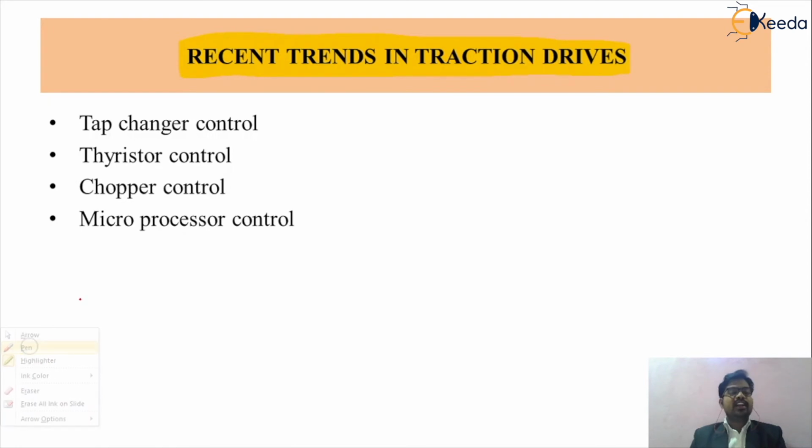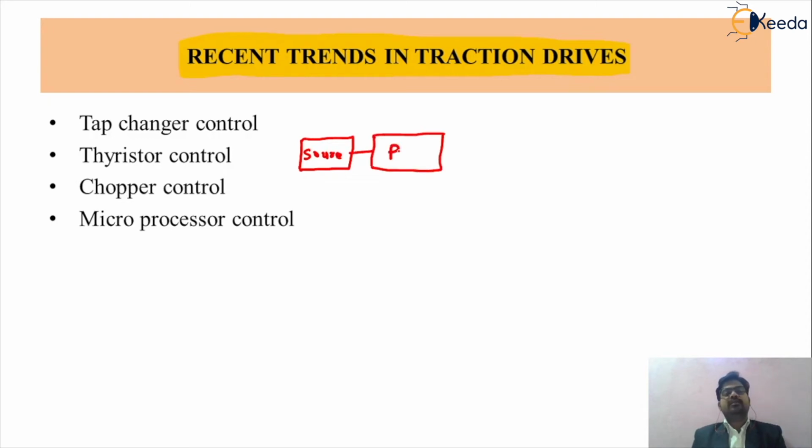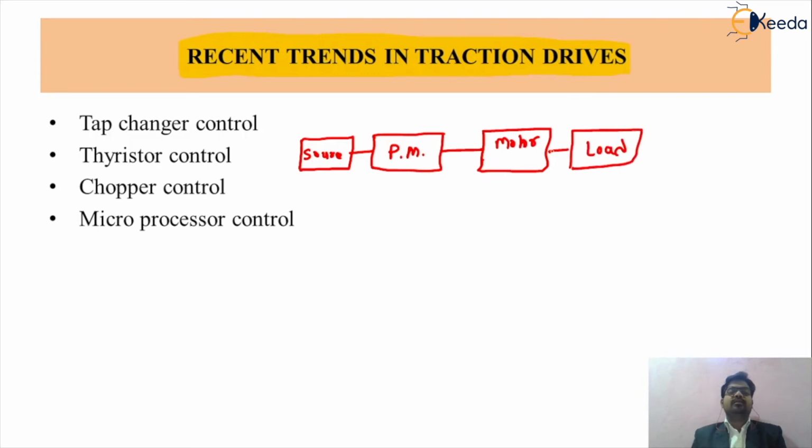So this is basically the source, this is the power modulator, I can write PM, it is power modulator, this is the motor, and this is the load, and we have to use one sensing mechanism here.